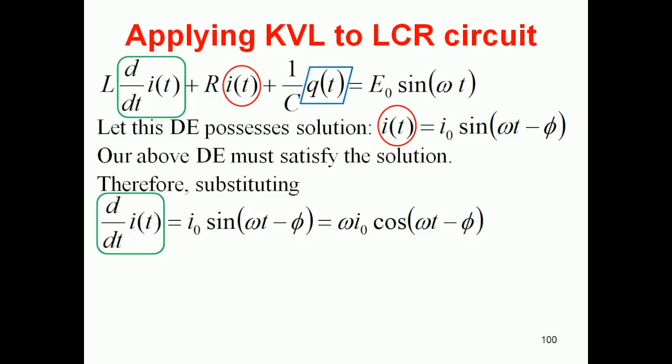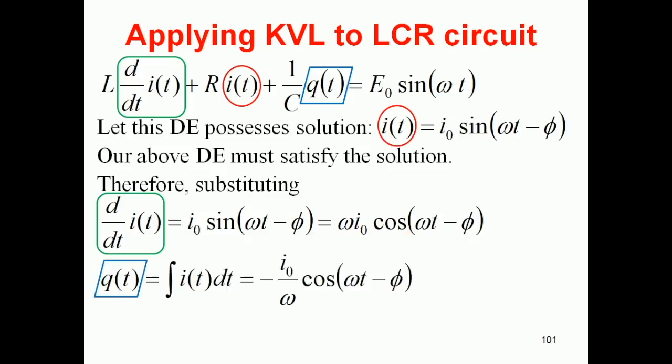So to unfold that I0 and phi, we have to substitute the derivative and integration of I of t in the first equation. So to make that substitution complete, we shall differentiate this solution I of t with respect to time, and the derivative of sine omega t minus phi will be cos omega t minus phi times omega.